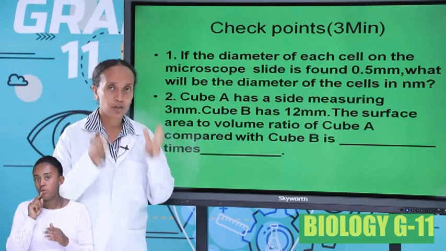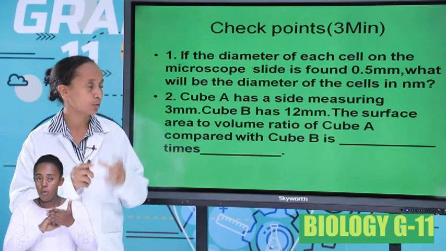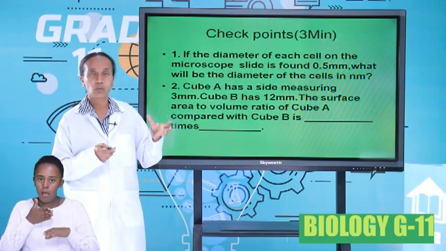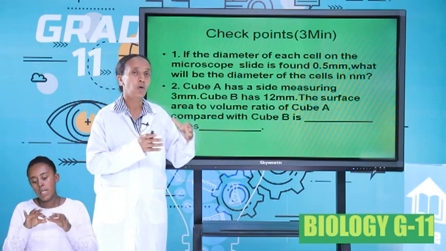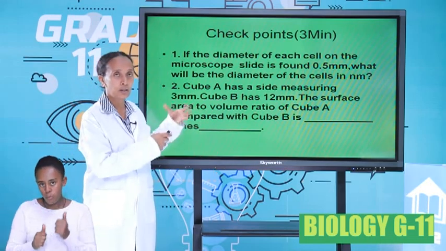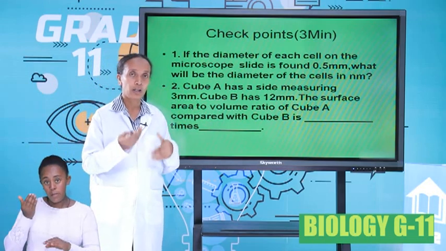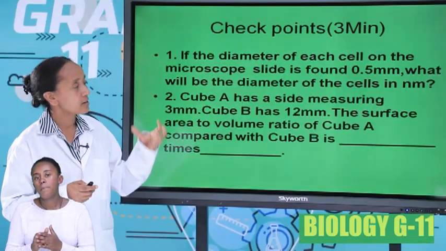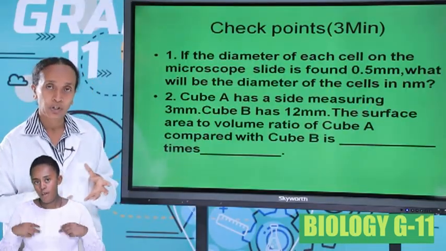So you are expected to list their contributions. After that, we have seen the statements of modern cell theory, which take some statements from previous theories plus some updates. And lastly, we have looked at cell measurement.